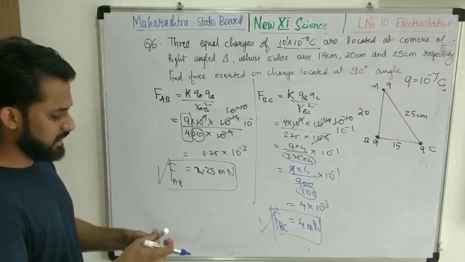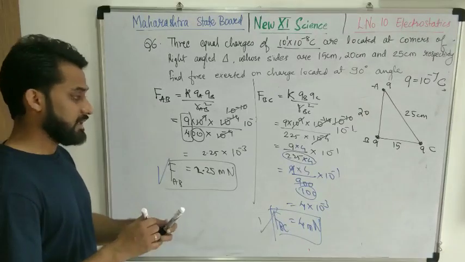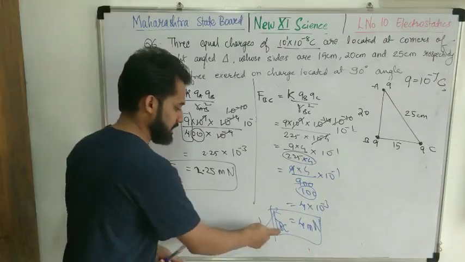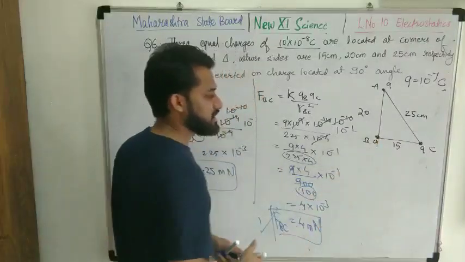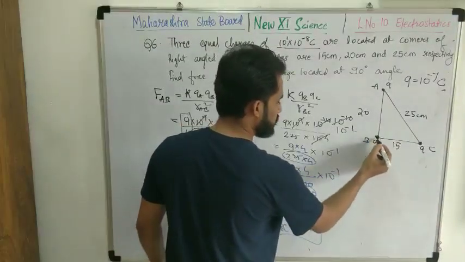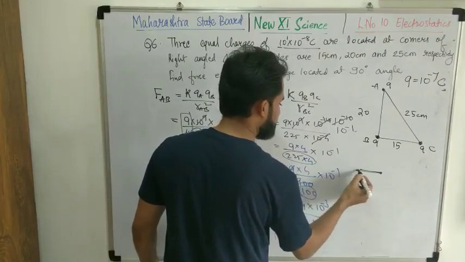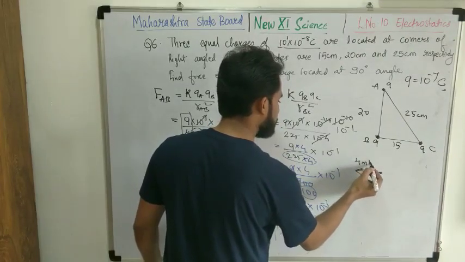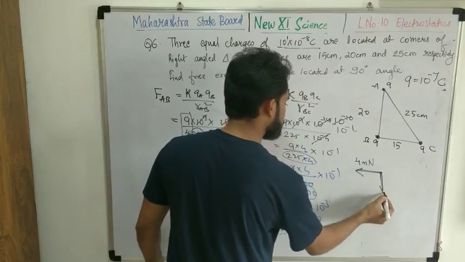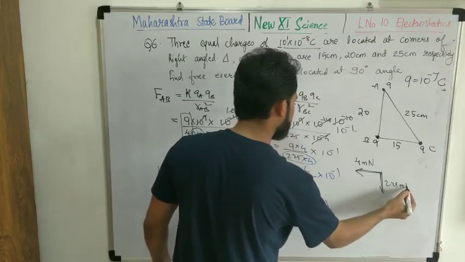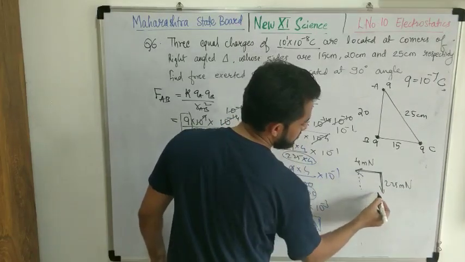Now we only have to calculate the resultant of these two forces. These two forces are acting on this charge. So what will be the net force? The first force, that is BC, is 4 millinewton, and the second force is 2.25 millinewton. What will be the resultant?